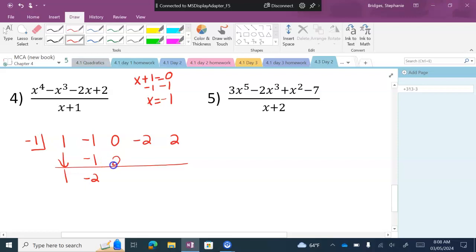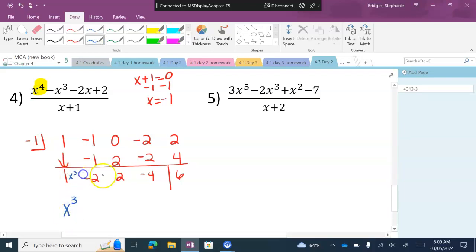We multiply. We add. We multiply. Whoops, that's not what that is. Oh, it is, isn't it? We add. We multiply. We add. Does that look like the numbers you guys got? Okay. I started with x to the 4th, so when I write my answer, this first one is going to be in front of x to the 3rd.